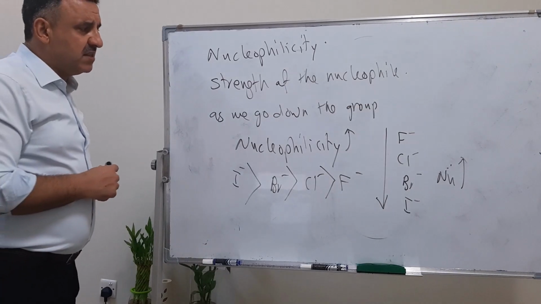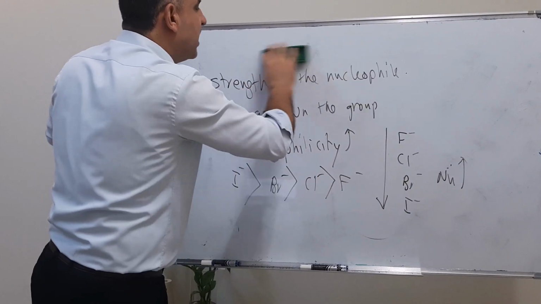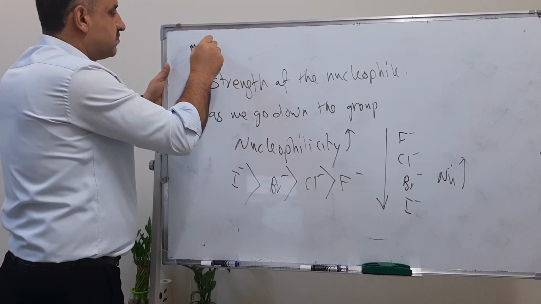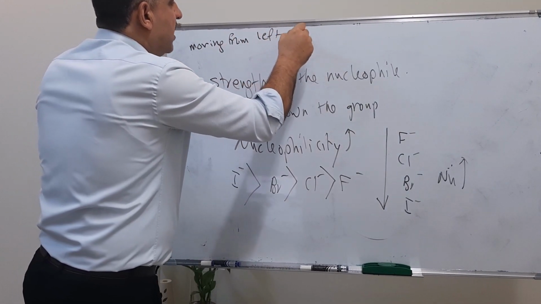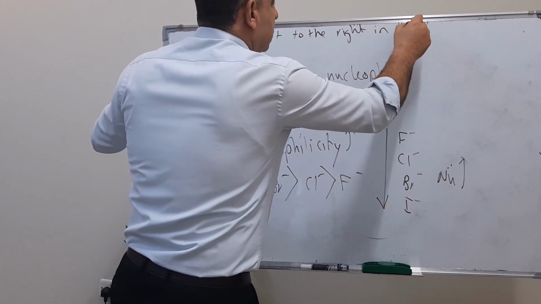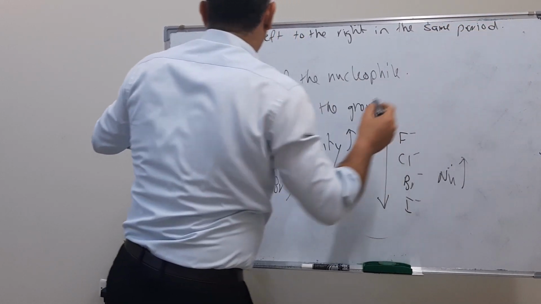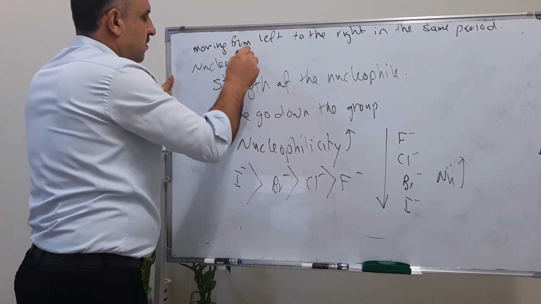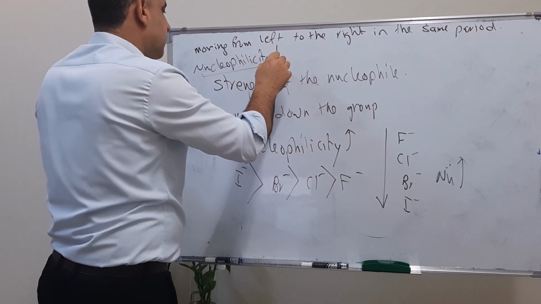So the other trend: when we go from left to right in the same period, nucleophilicity decreases.